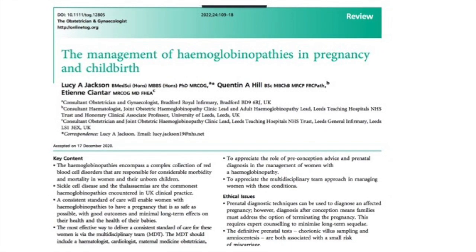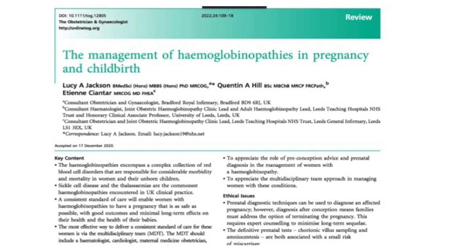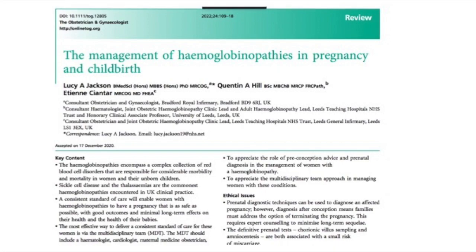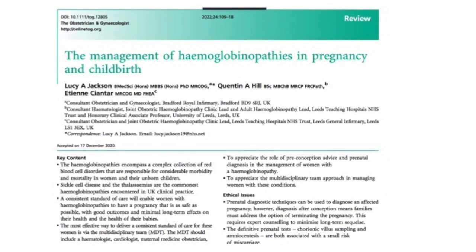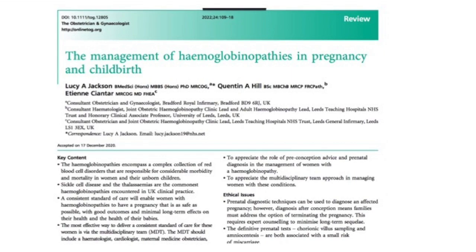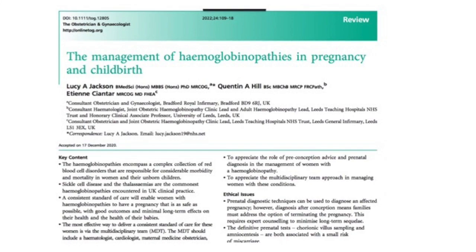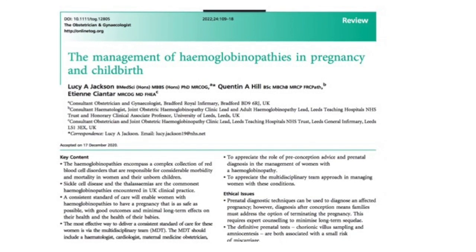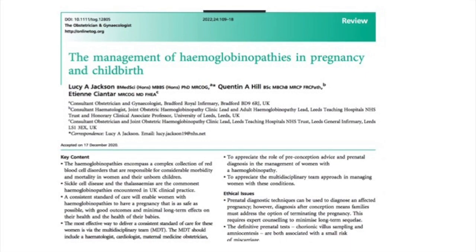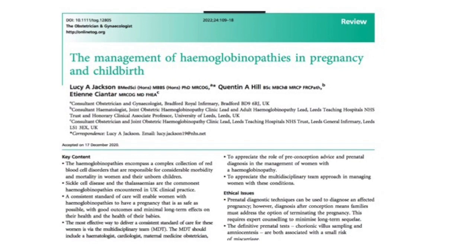The MDT should include a hematologist, a cardiologist, maternal medicine obstetrician, specialist midwife, reproductive medicine specialist, and a nurse specialist. The care of these women within the MDT should start with preconception advice and continue through antenatal care, intrapartum support, and finally provide postnatal considerations, including contraception advice.